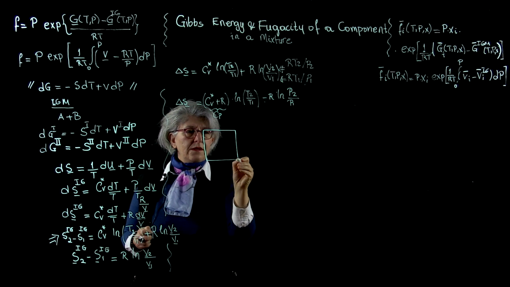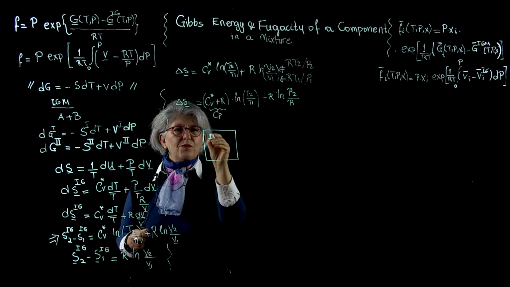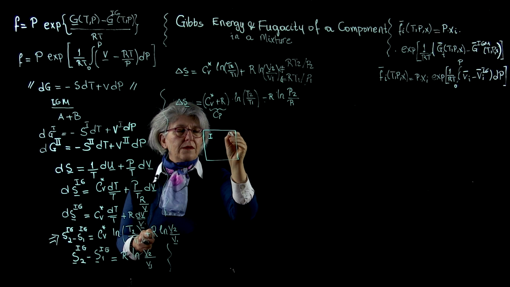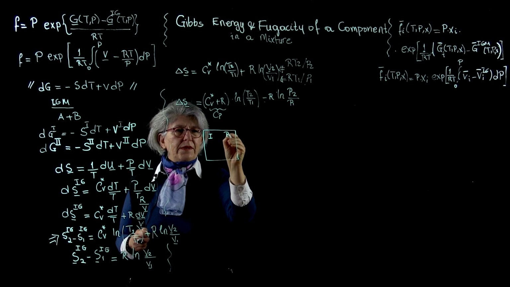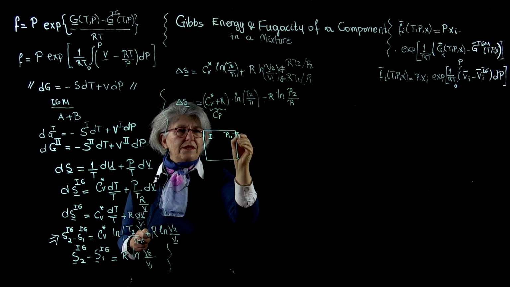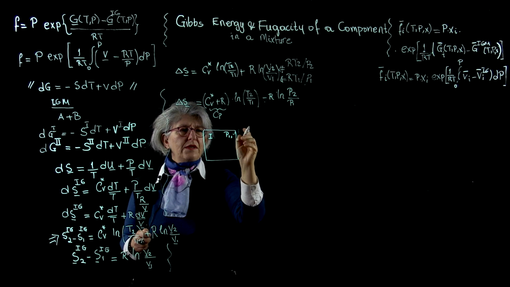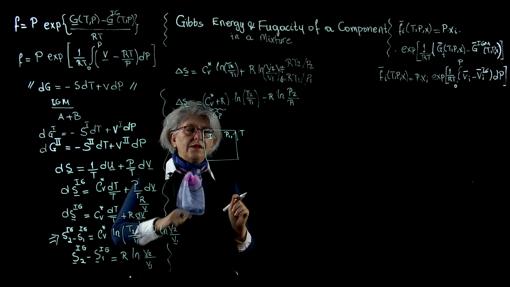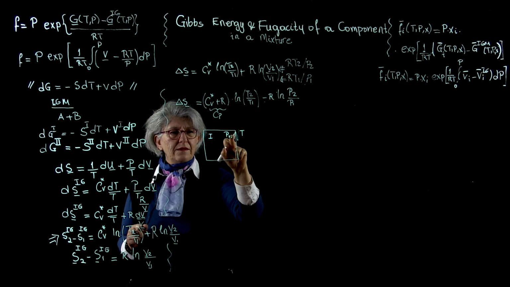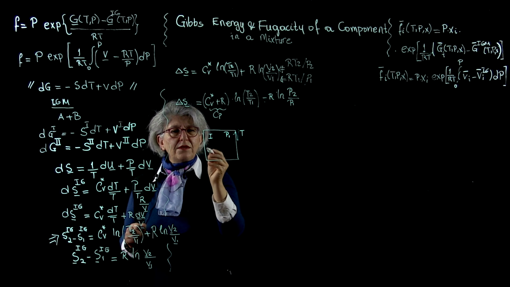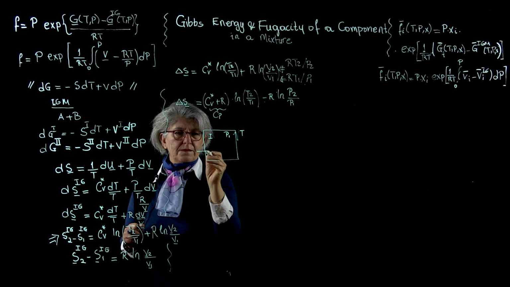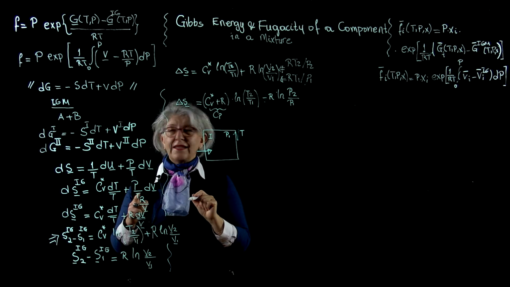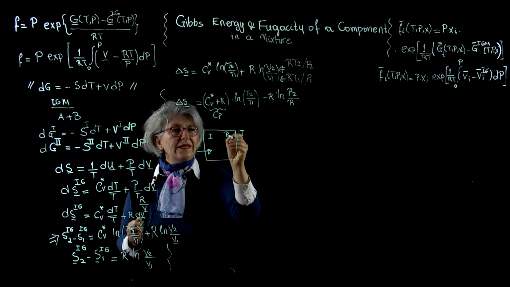Now let's take a chamber filled with gas at a pressure of P1, at temperature T. Chamber 1 is filled with gas at P1, and into this chamber, I'm going to blend a second gas.